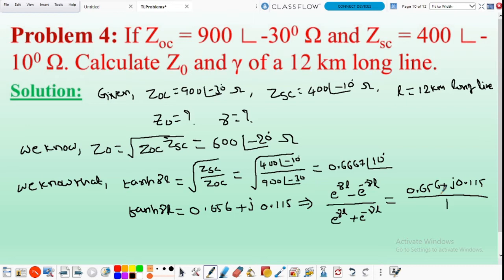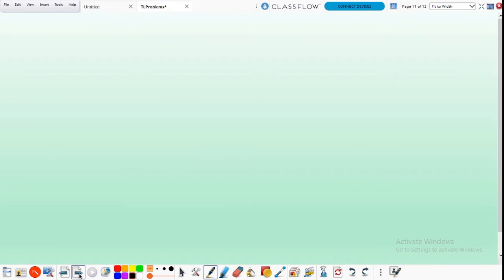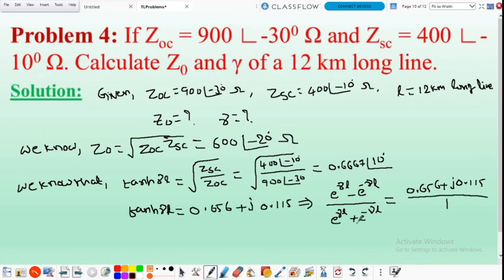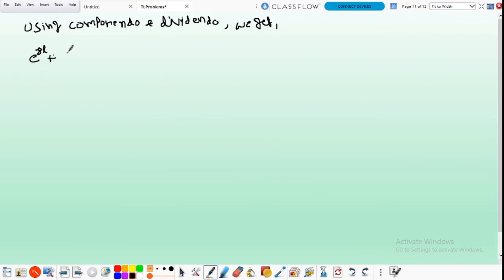So using the componendo and dividendo rule, this is denominator term plus numerator term divided by denominator term minus numerator term. That gives e power gamma L plus e power minus gamma L plus e power gamma L minus e power minus gamma L, divided by e power gamma L plus e power minus gamma L minus the numerator term.